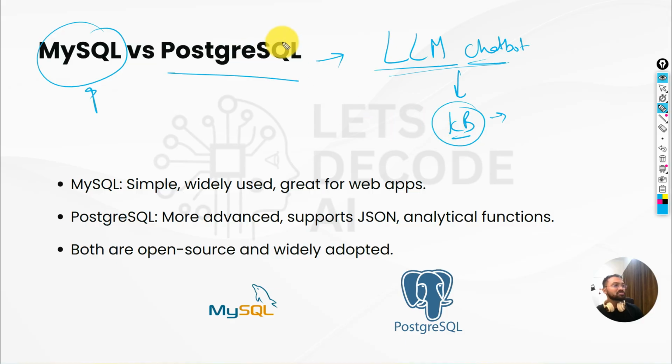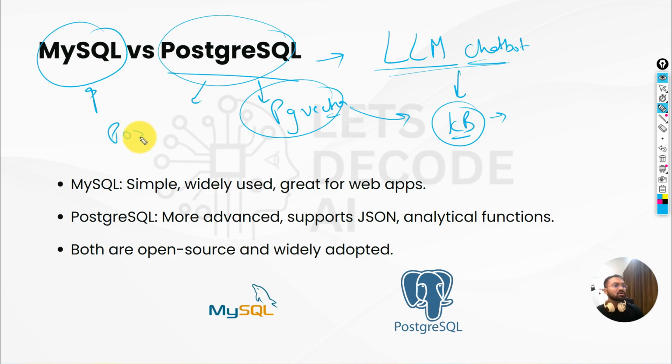Now PostgreSQL has an extension called PG vector, which can be used to create this knowledge base and store it. And it also has another extension called PostGIS, which is used when you are working with geospatial data.